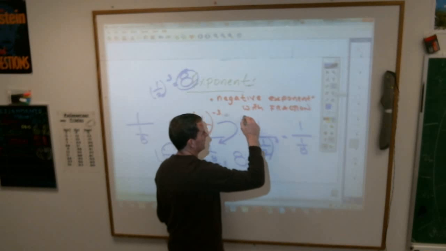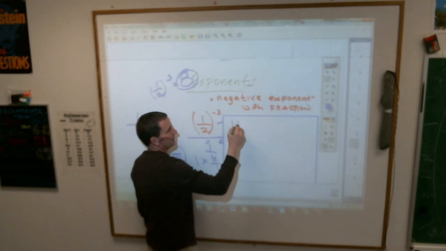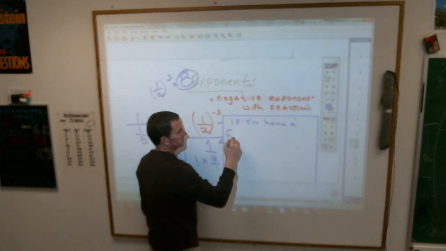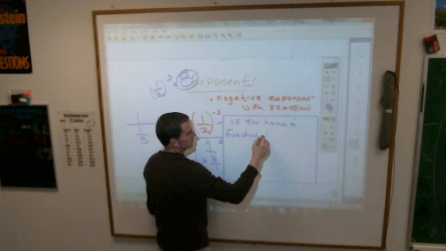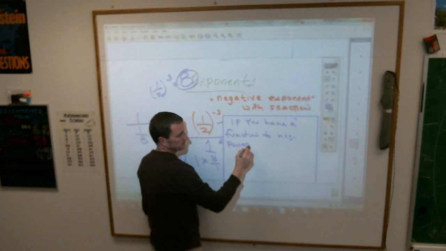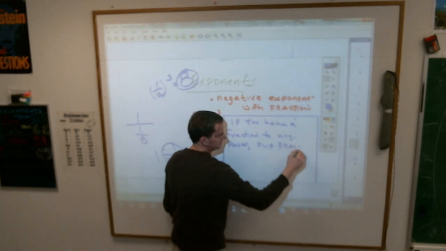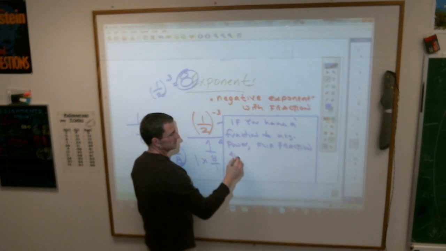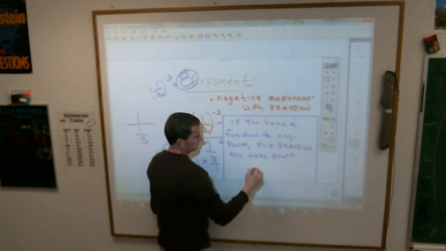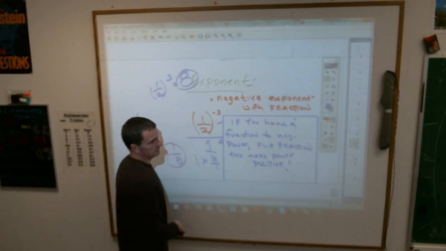If you just think about this, here is the rule: if you have a fraction to a negative power, comma, flip the fraction over and make the power positive. Exclamation point.